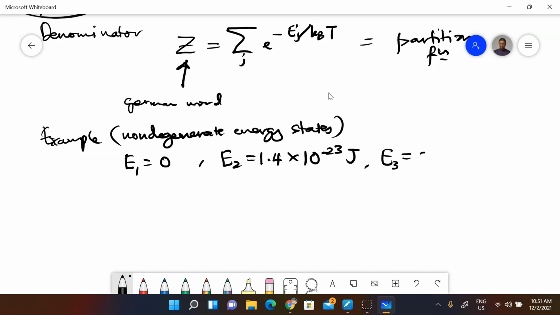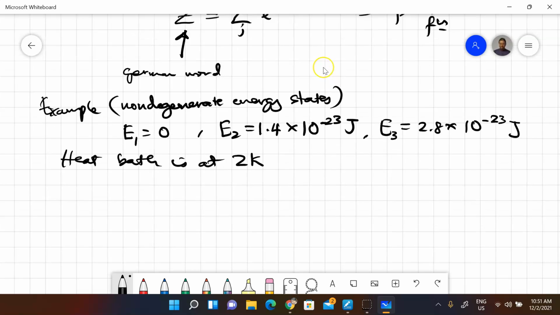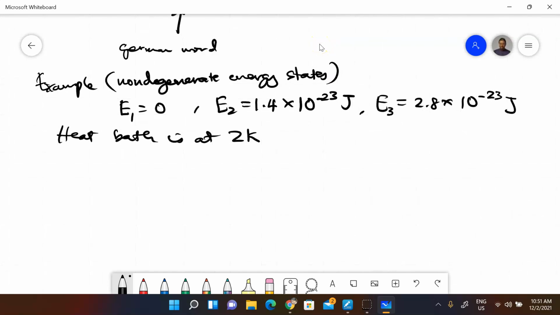E3 equals 2.8, so you can see that it's a multiple of each other. And the heat bath is at, say, 2 K.